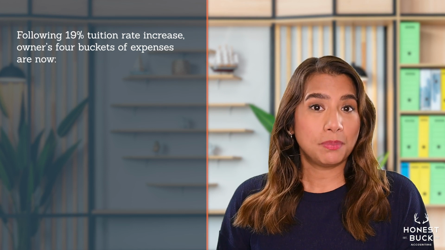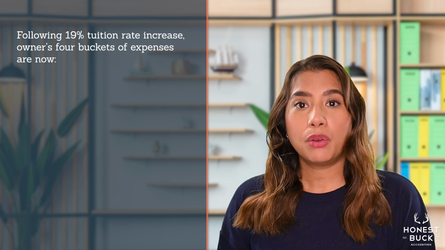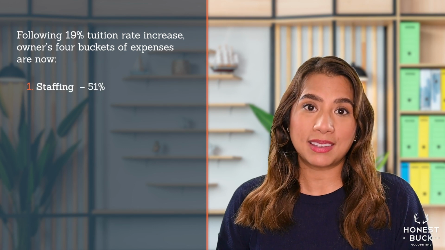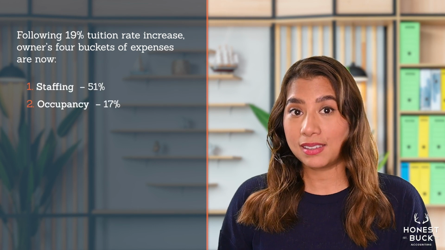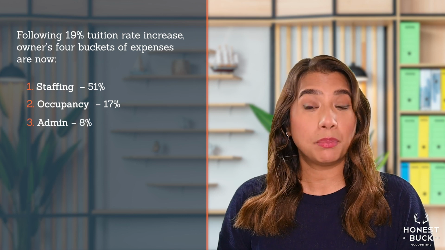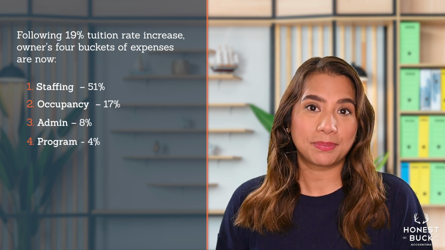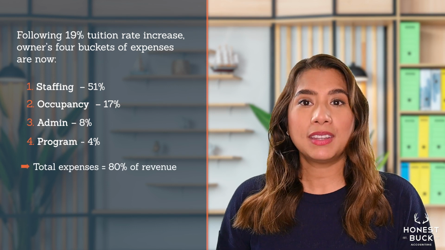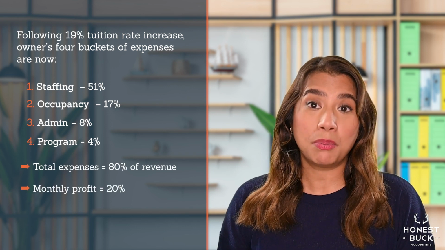So, with the 19% tuition increase applied, the owner's 4 buckets of expenses are as follows. Staffing is 51%, occupancy is 17%, admin is 8%, and program is 4%. This means that their total expenses are now 80% of revenue, giving them their desired 20% monthly profit.